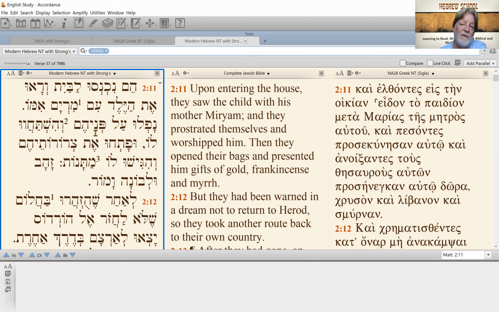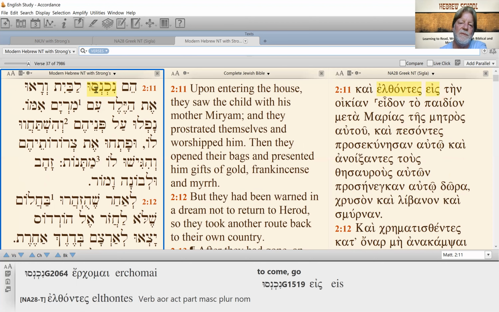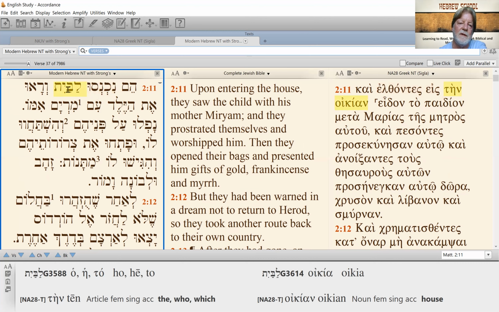And we've already been told that the star led them to the very place, the house where Yeshua was. Chem niknasu, they entered in. Kanas, we've already talked about, means to enter in for a gathering. Labate, to the bait.